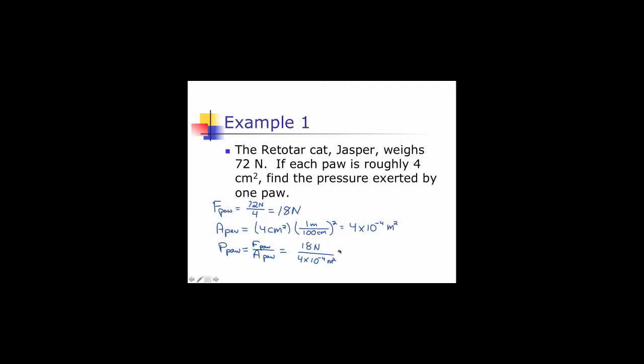And a newton per square meter is a pascal. That is 45,000 pascals. Which is why when the cat jumps up on me, I try to get him to lay down, because that increases his surface area.